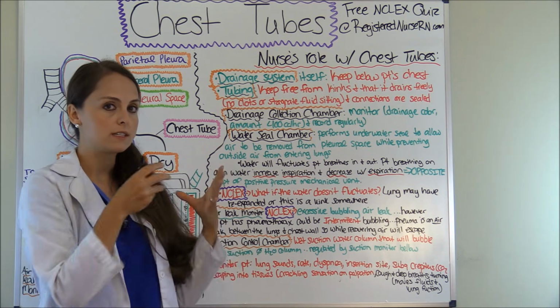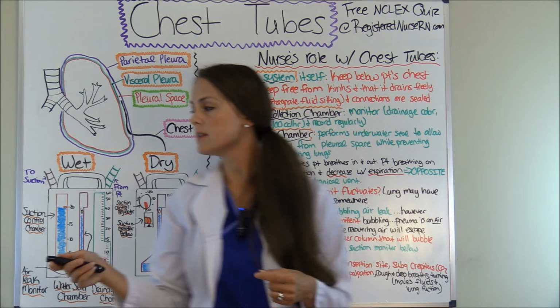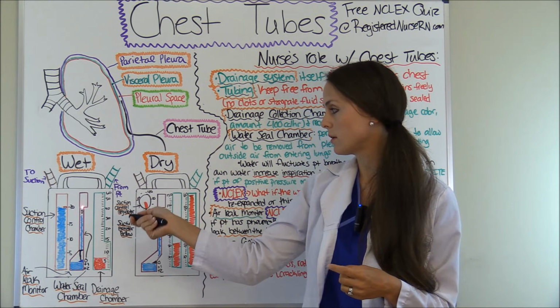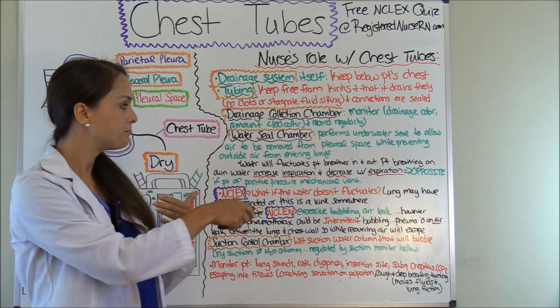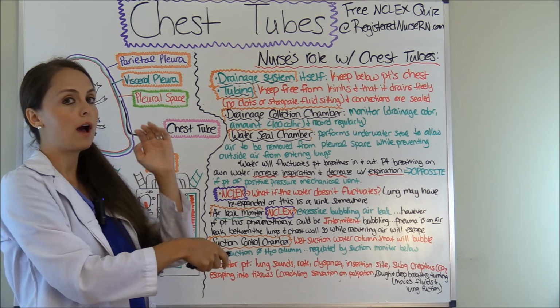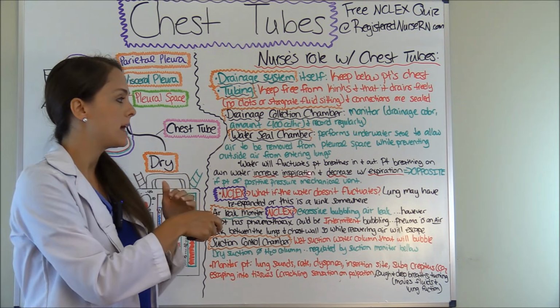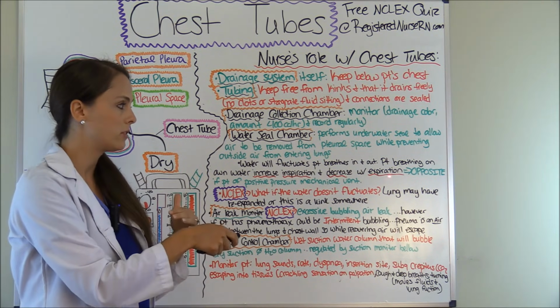Now, one thing you want to know: this is normal. The water will fluctuate up and down in this water seal chamber. You want that. Whenever the patient breathes in, the water height will increase, and when they breathe out, the water will decrease.